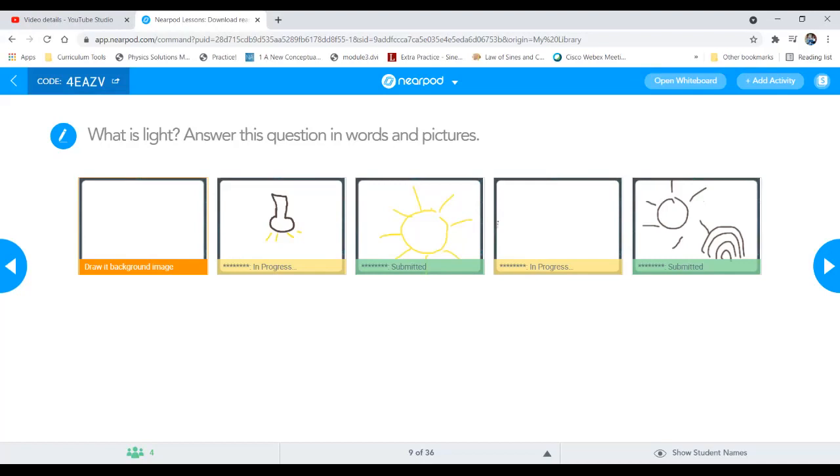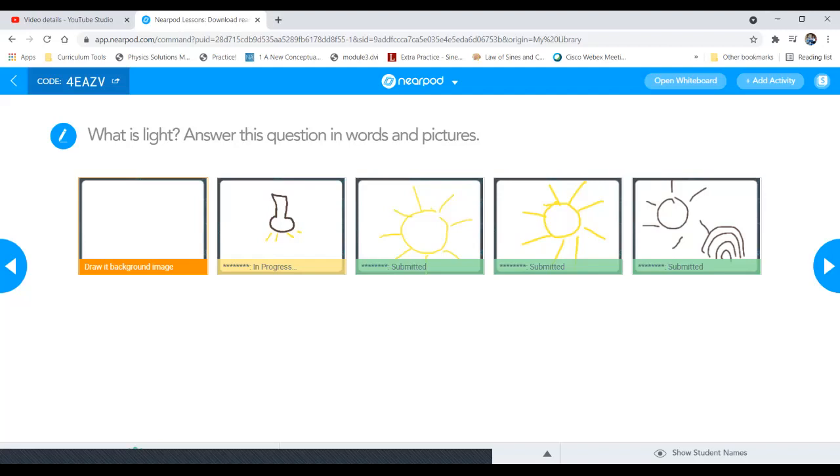Ben, I am assuming that is a light bulb. A second grade drawing of one, yeah. Okay, no problem. So we have artificial light sources, we have natural light sources. Good. So this is a perfect place to start.